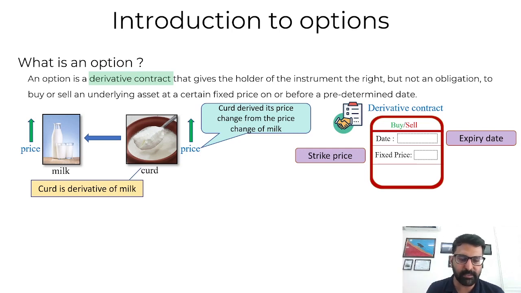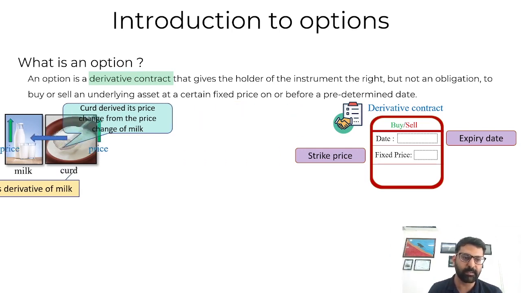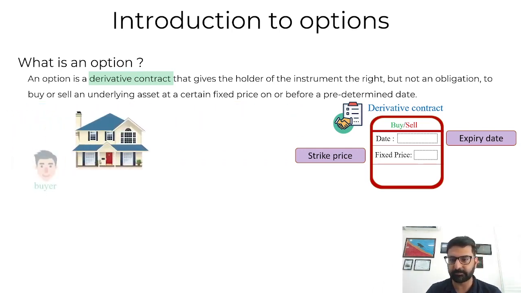We'll get into the contract bit with an example in some detail. So hold on for that, but just understand that a contract is a deal between the buyer and the seller, and there are certain components to it. So two important aspects are, one is the strike price, the other one is the expiry date.